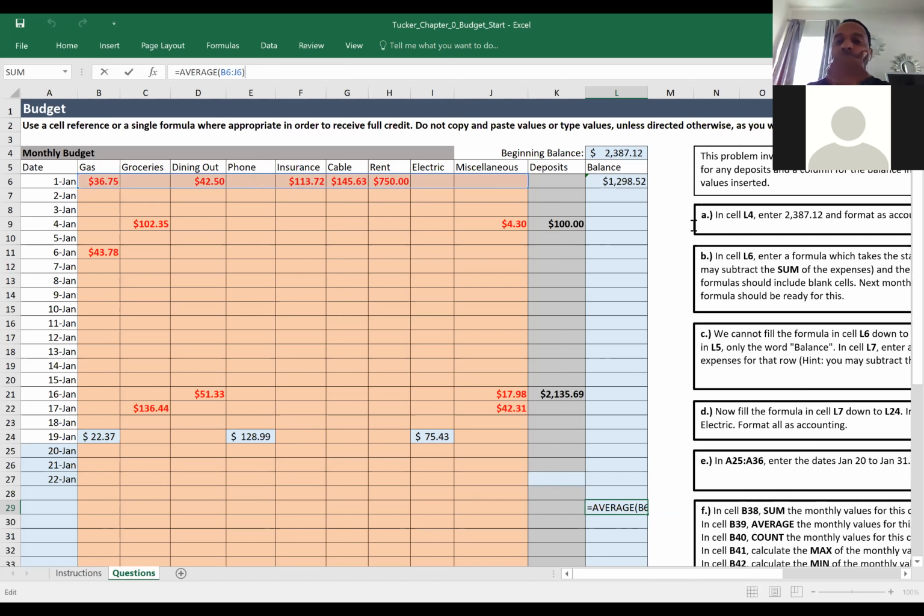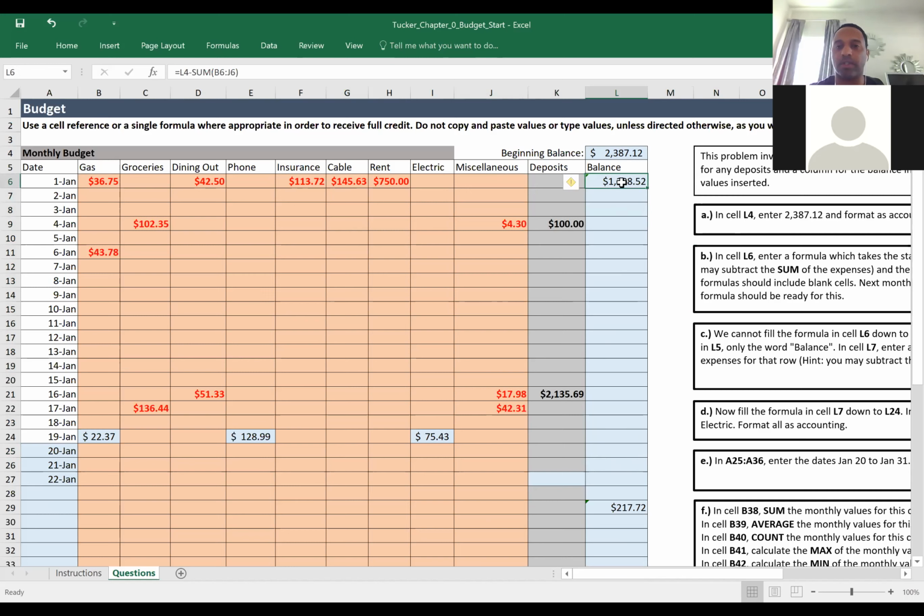Now the next one, we also talked about if I wanted to highlight, I would hold the shift button down and go up and down, and that will highlight anything that I want to cut and paste. I can go right and left as well. So we want to copy this formula and paste it in the cells going all the way down to L24.